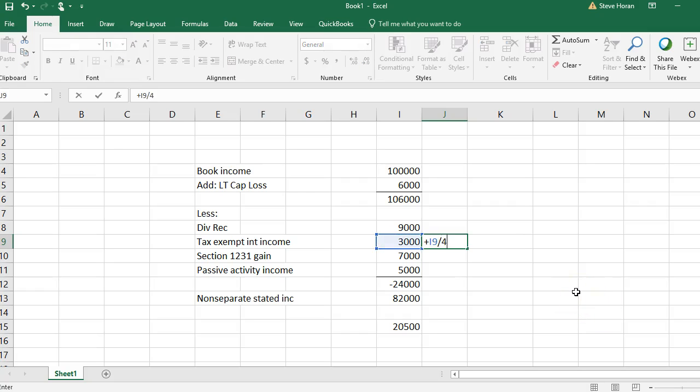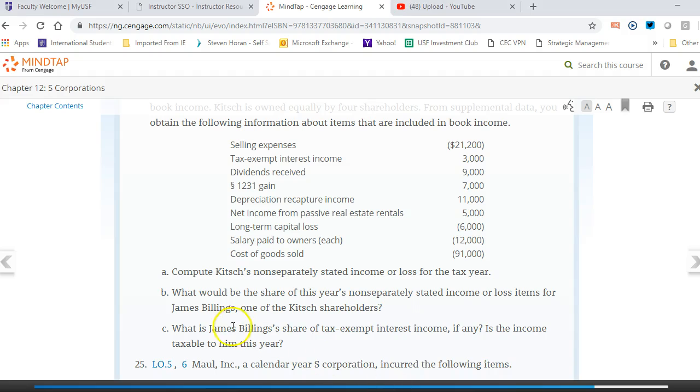Just simply divide that by 4. And then his share would be 750. It's not taxable to him because it's tax-exempt interest. So he receives the income but does not have to pay any tax on that.